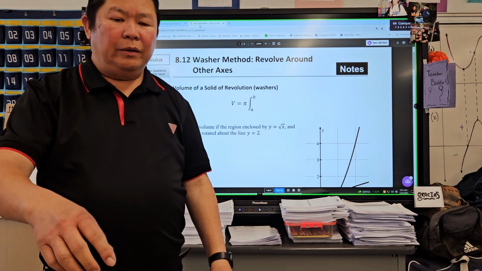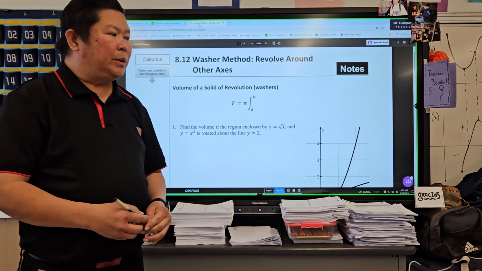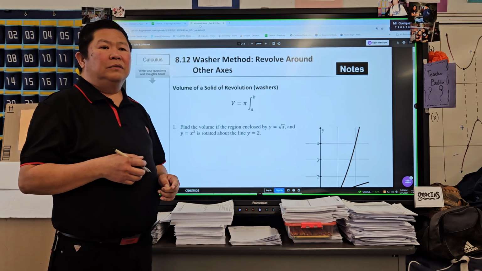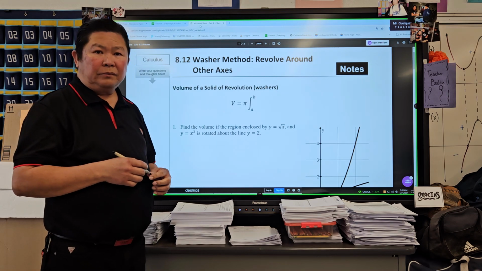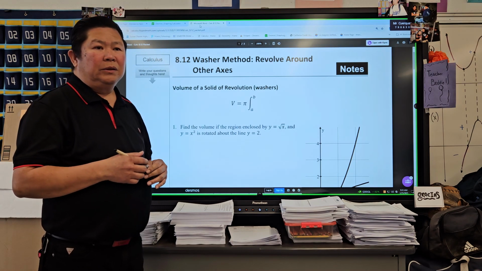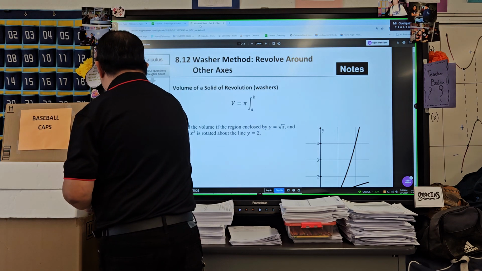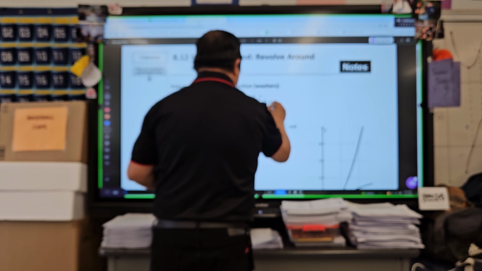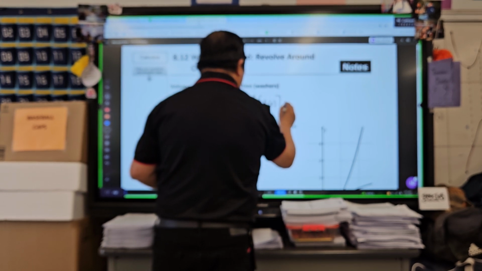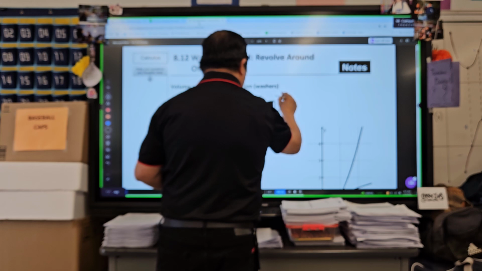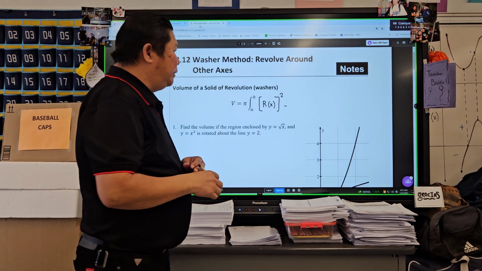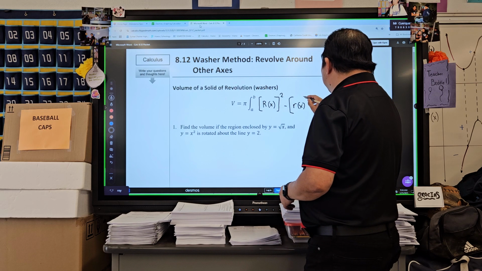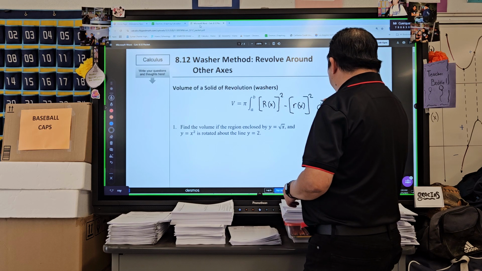We have the formula: volume is equal to pi, the integral from a to b, of R of x squared minus r of x squared, dx.